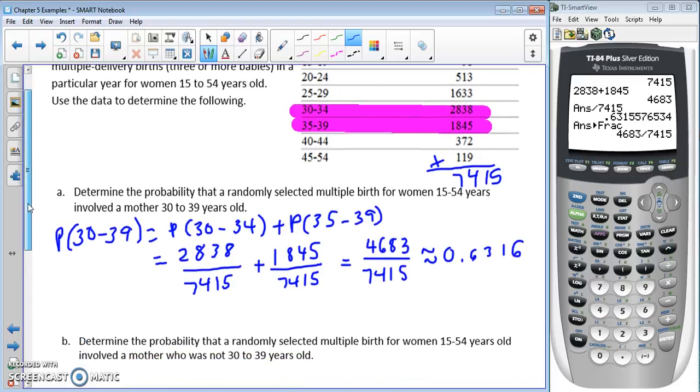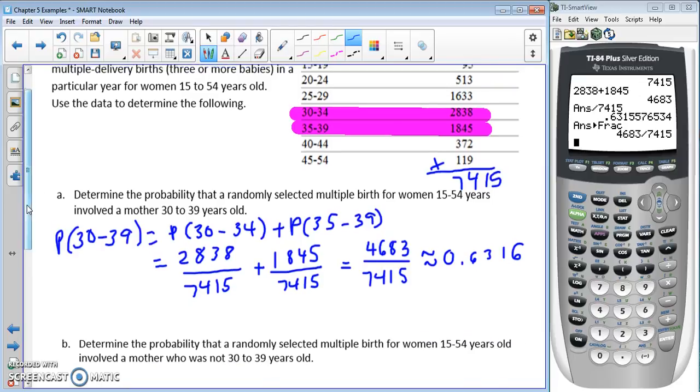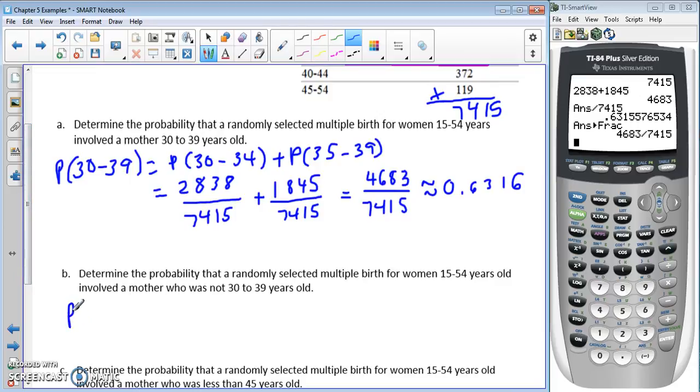So part B, we want to know the probability of a randomly selected multiple birth for women 15 to 54 years old involved a mother who was not 30 to 39. So now that we found that, we can just use the complement rule. So we're just going to do 1 minus the probability of 30 to 39.